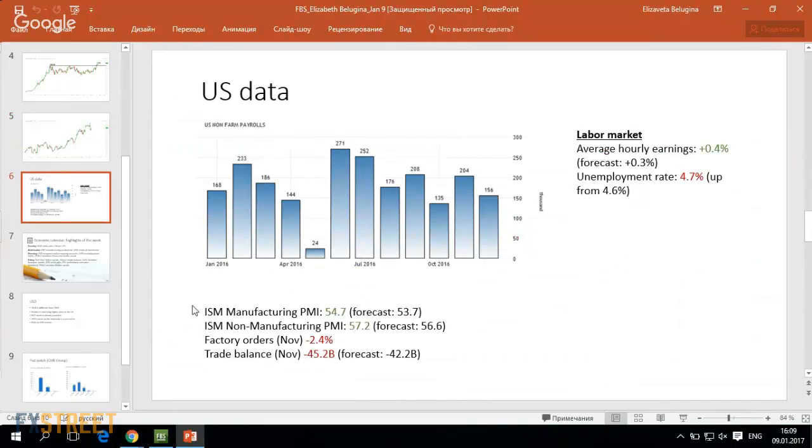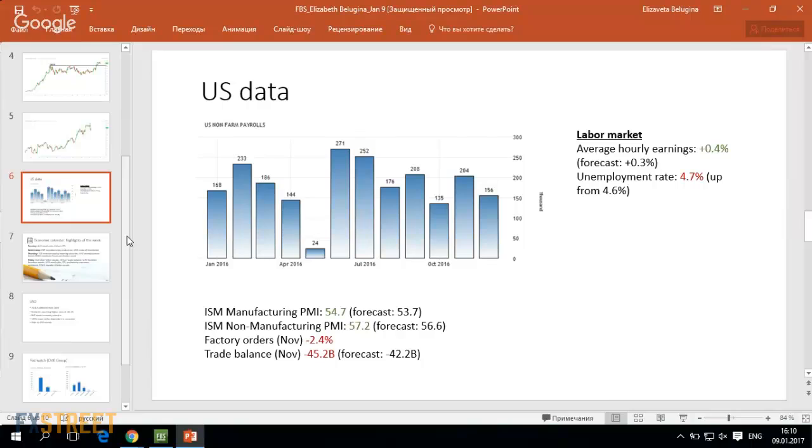Let's review the recent data releases from the United States, to know what the American economy has shown us at the beginning of this year, when some of us were on holidays. So last week there was a release of America's most important labor market indicator, US non-farm payrolls.